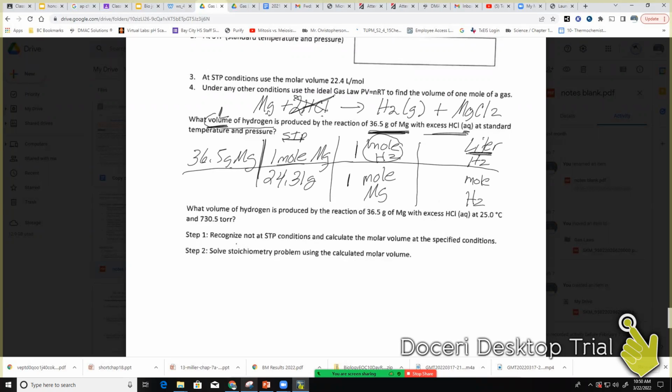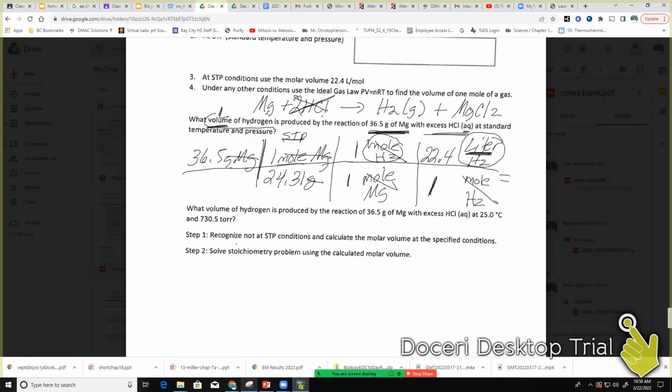But like I said, we're at STP and I see that liter. So I'm going to use 22.4 liters per 1 mole. The 22.4 always goes with the liter unit and the 1 goes with the moles. If I do a quick cancel out, I see that everything cancels out but liters of hydrogen, which is what I wanted.